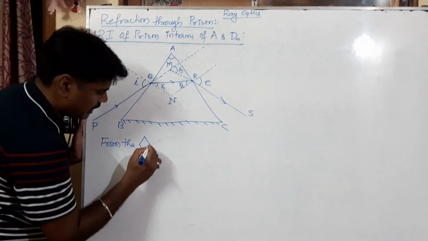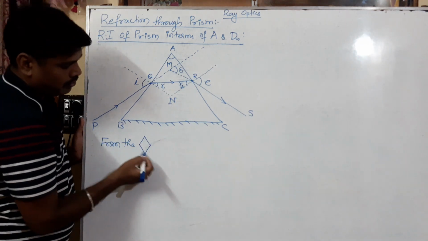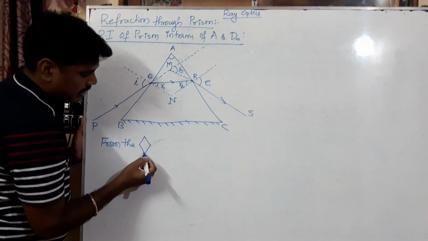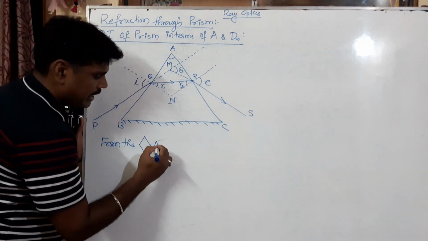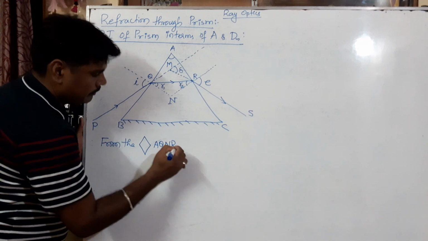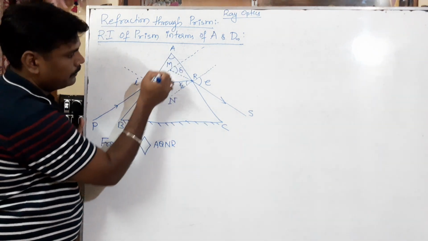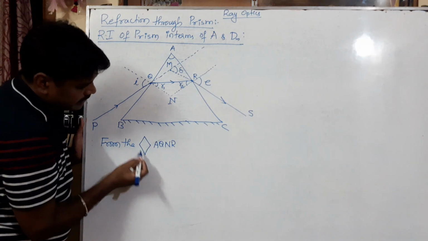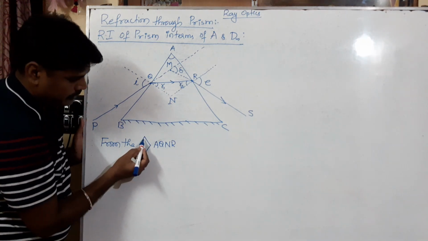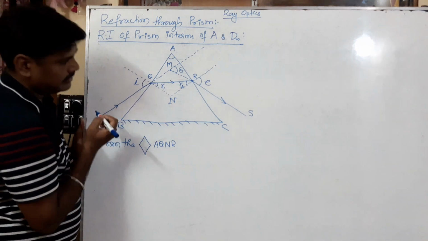You can observe the quadrilateral in this shape. The total angle inside the quadrilateral is 360 degrees.